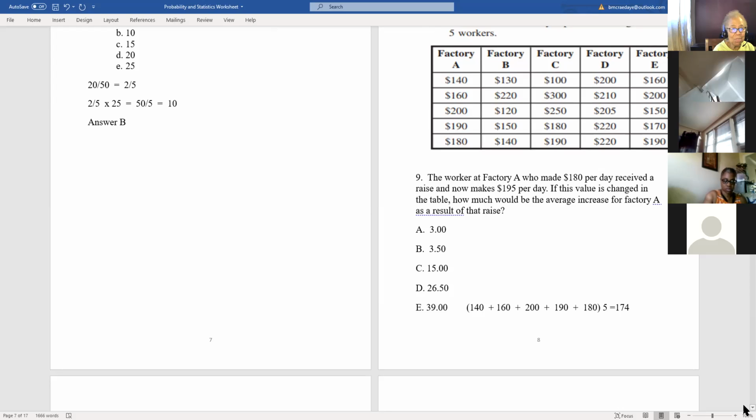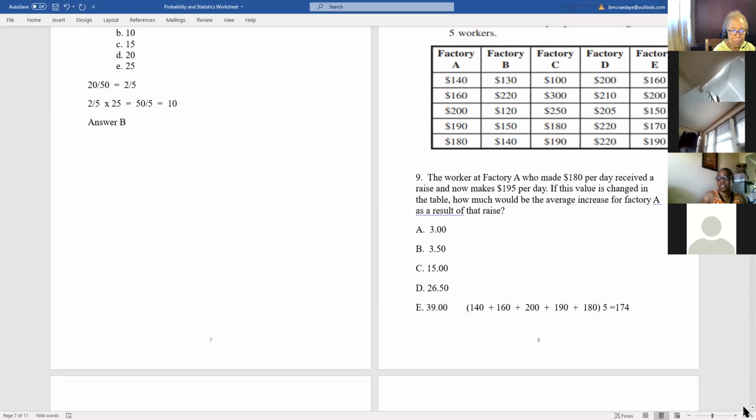I want you to take the worker in factory C that made $190 and we increased to 200.